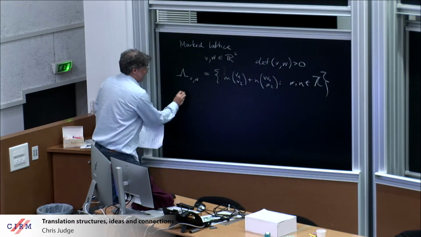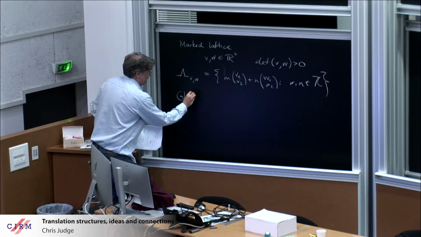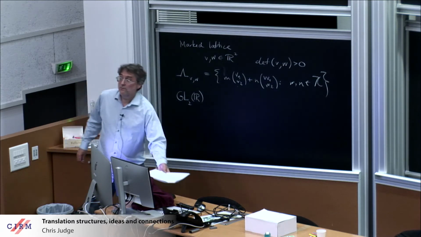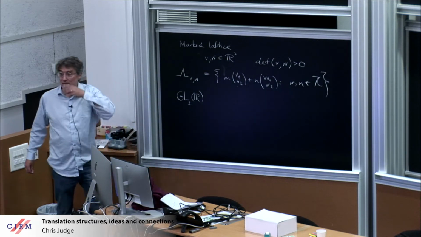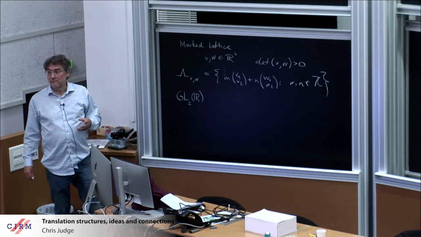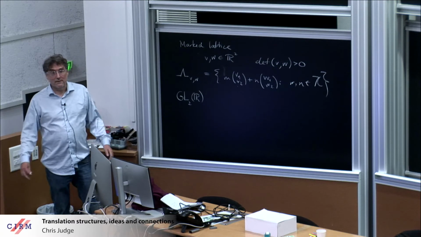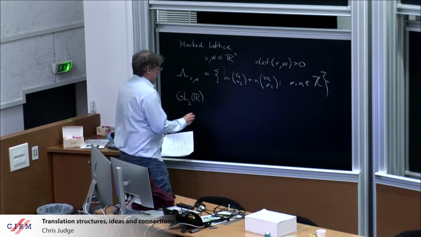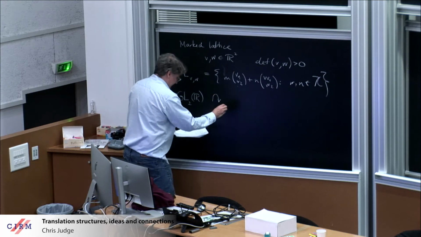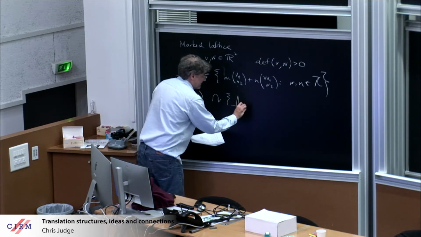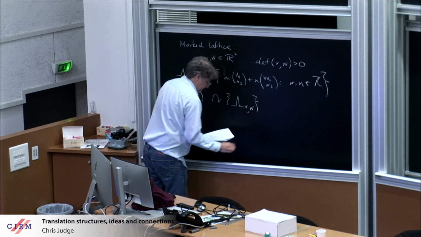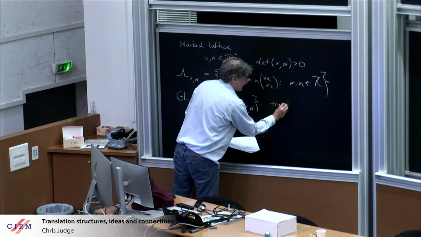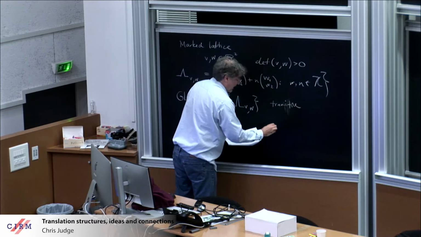And then the thing to notice is that GL2(R), the 2 by 2 matrices with determinant not equal to 0, the invertible matrices, acts on the set of marked lattices in a natural way. The action is transitive and faithful.